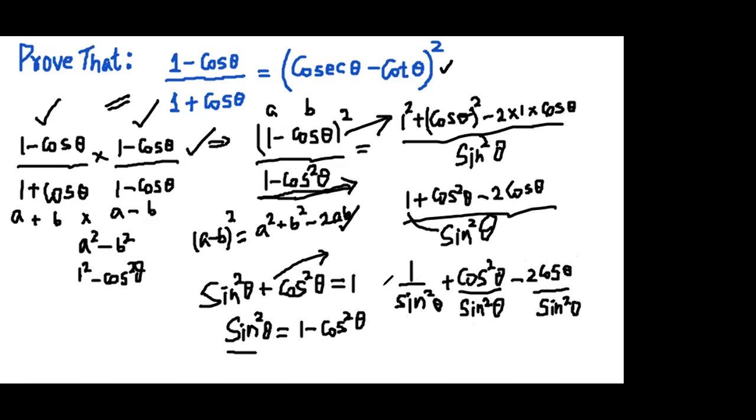1 by sin square theta will be cosec square theta, because cosec theta is 1 by sin theta. So cos square theta by sin square theta is cot square theta.